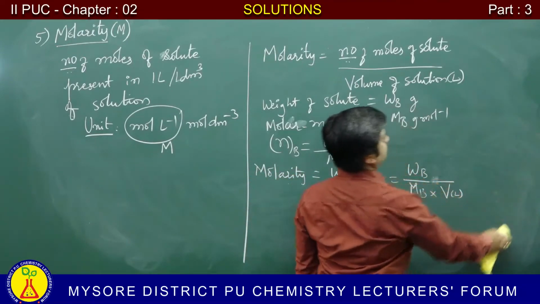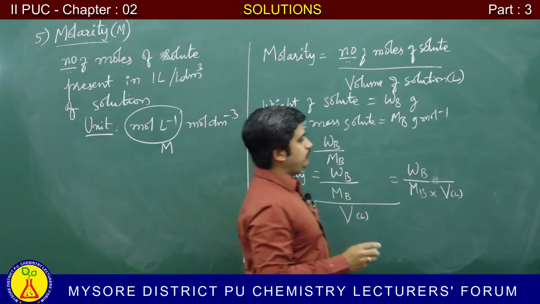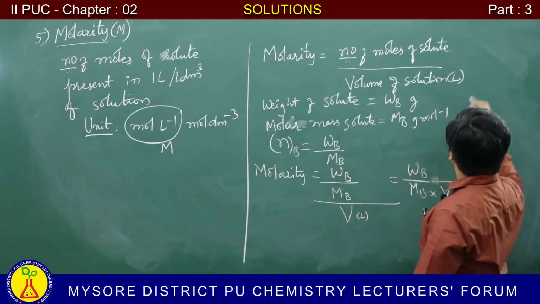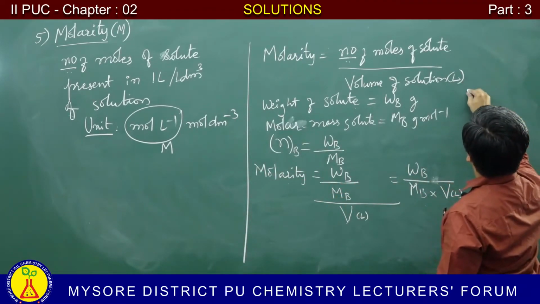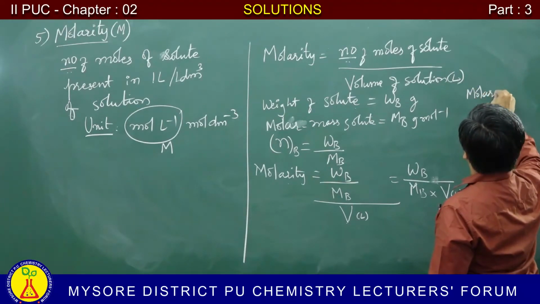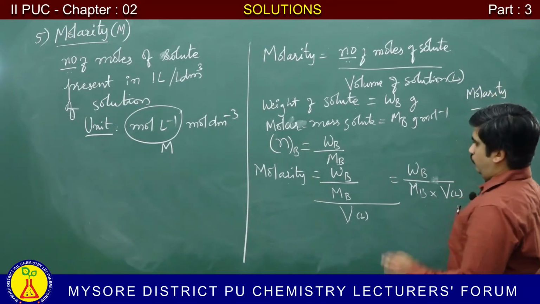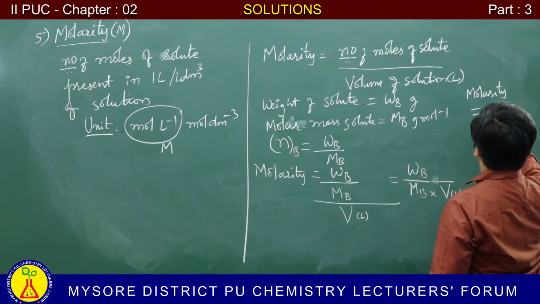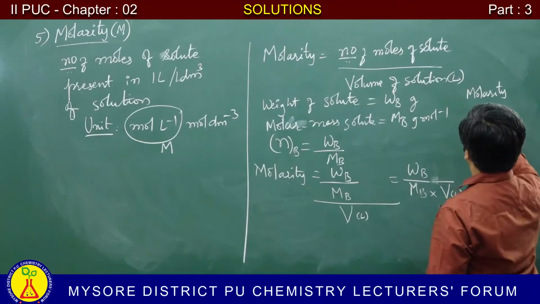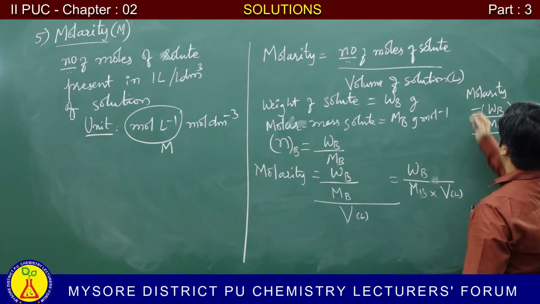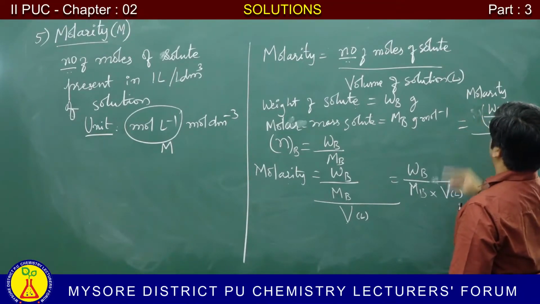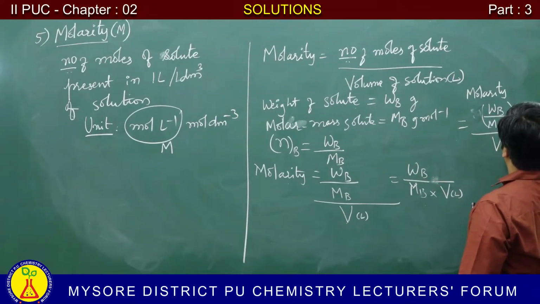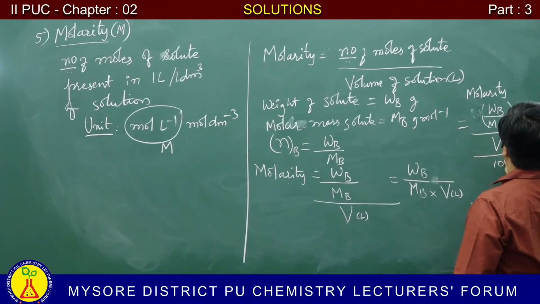So if volume is expressed in ml, molarity is equal to WB by MB, this is number of moles, whole divided by volume, if it is expressed in ml, we divide it by 1000.